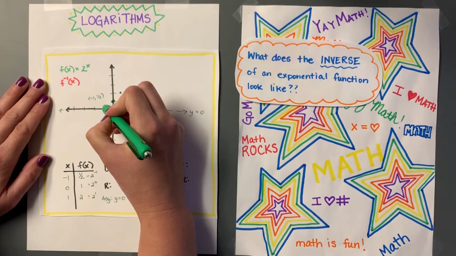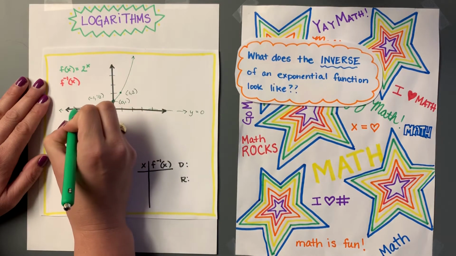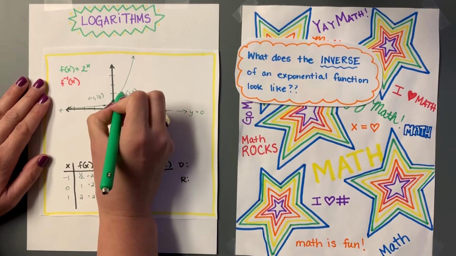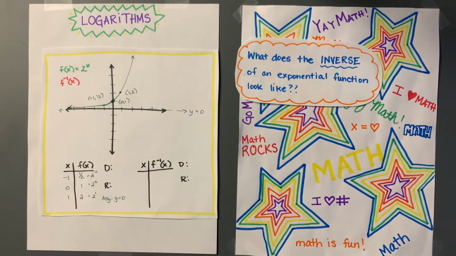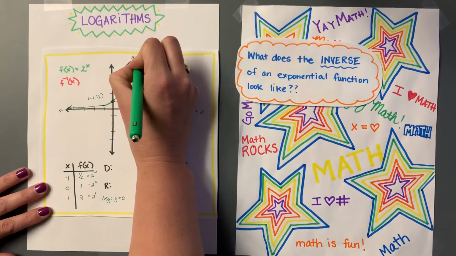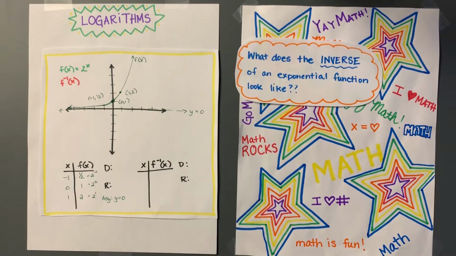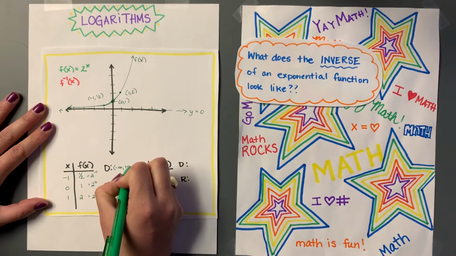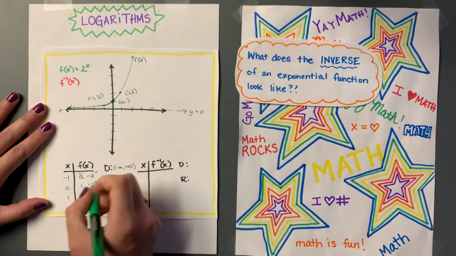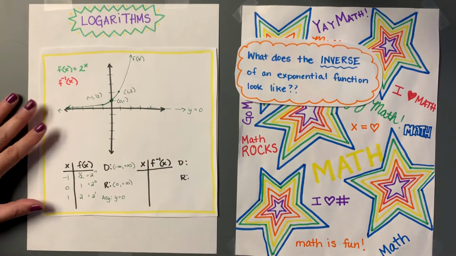And when I connect these, they're going to go up this direction, and they're going to approach the asymptote going this direction. So there is my exponential function. This is f of x is equal to 2 to the x. So there is my function. The domain of this function is all real numbers, so -infinity to +infinity. And the range of this function is 0 to +infinity.